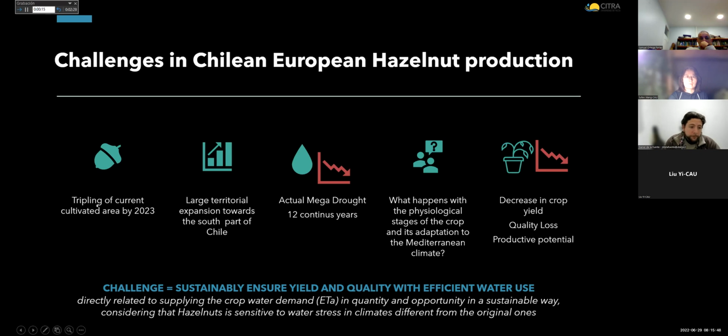Why? Because the currently cultivated area has tripled by 2023, with a large territorial expansion to the south, during the actual mega drought. And what happens with the physiological stages of the crop in different areas, and with the Mediterranean climate?